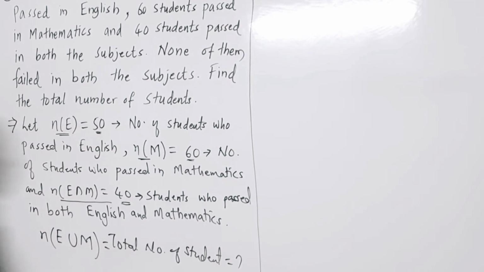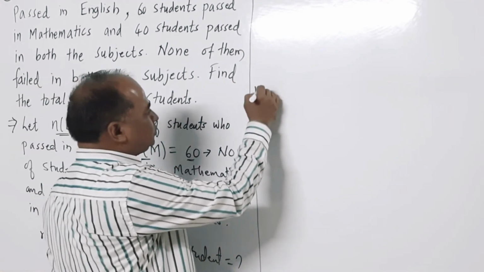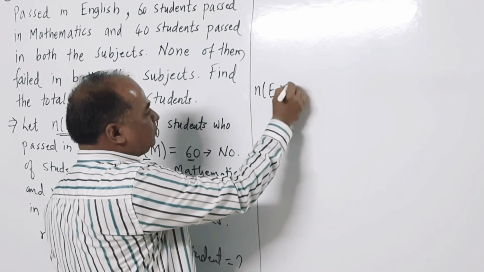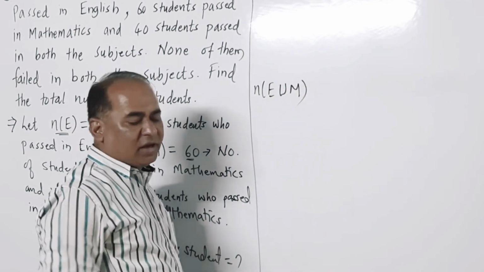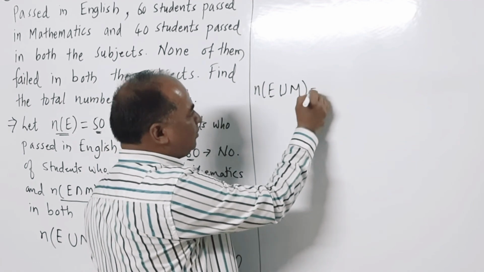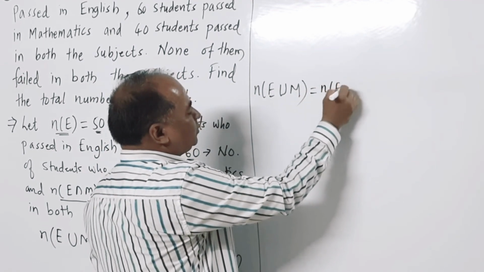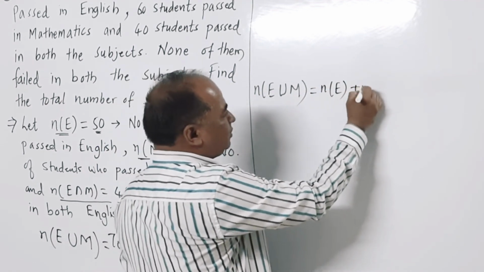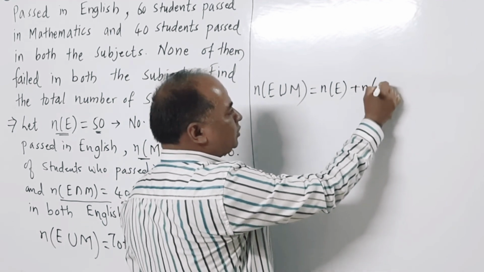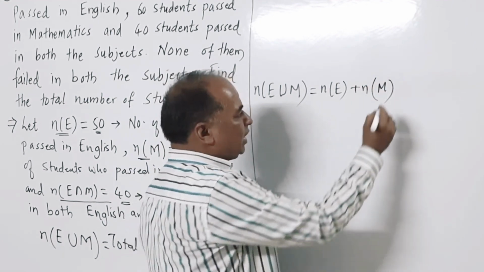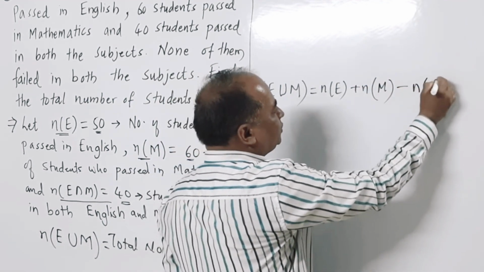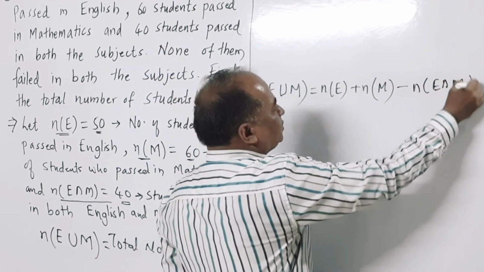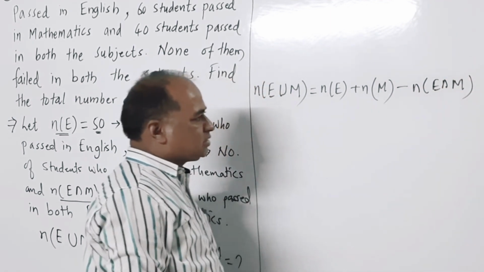So we have the formula: the number of students who passed either in maths or English, that is n(E union M), is equal to the number of students who passed in English, n(E), plus the number of students who passed in mathematics, n(M), minus the number of students who passed in both subjects, n(E intersection M).